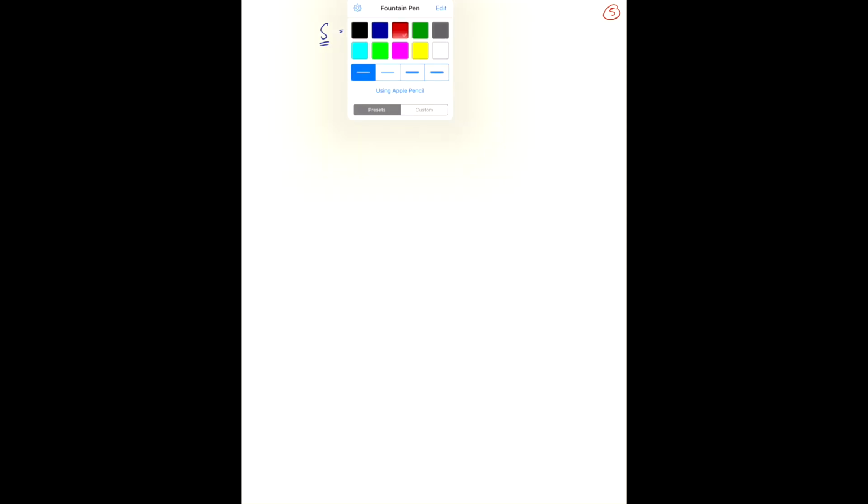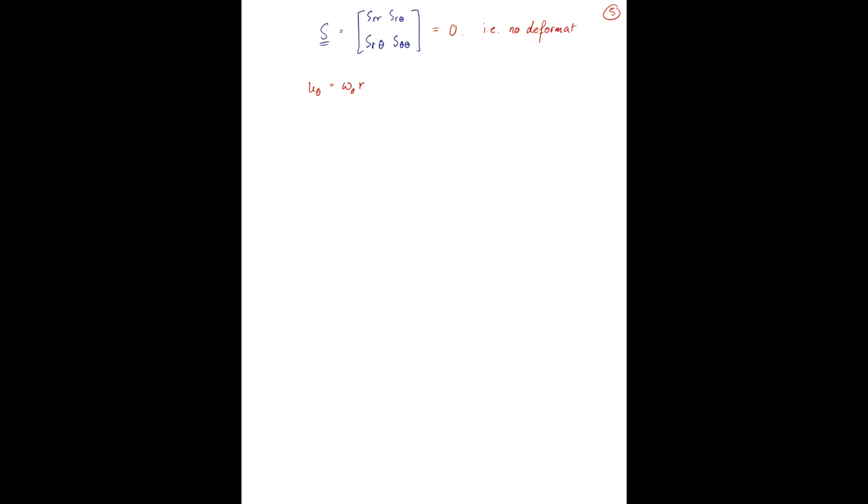And if you look at u theta, just as a reminder from the previous page, it's omega 0 r, you will find that the strain rate tensor is 0. All the components are 0. So there is no deformation. And that's why this is a solid body rotation vortex.